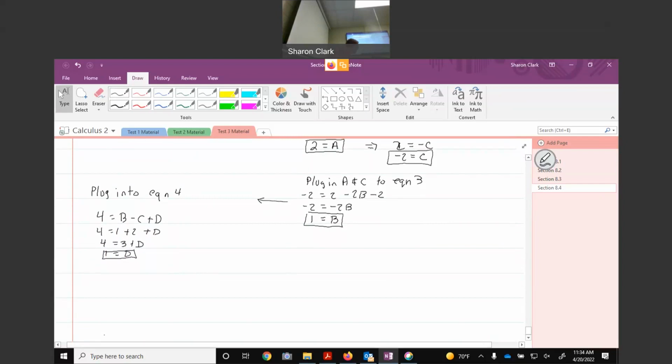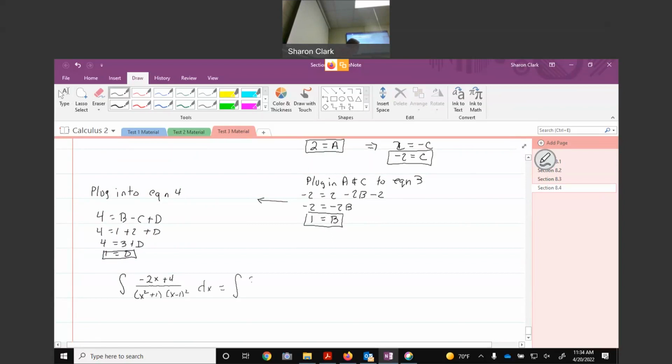Now we're going to integrate negative 2x plus 4 over x squared plus 1 times x minus 1 squared dx. I'm going to separate them.